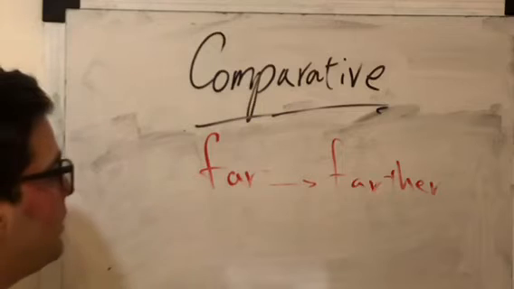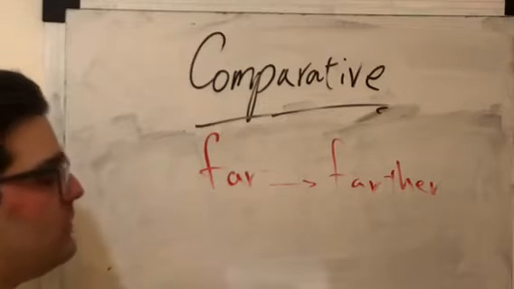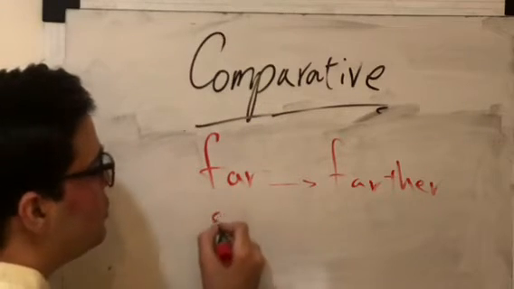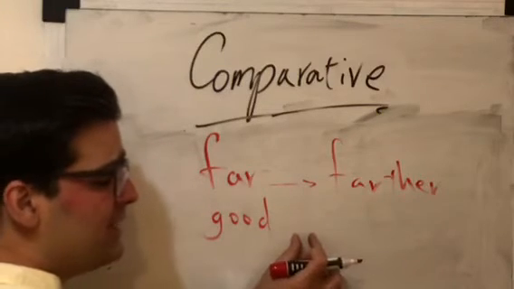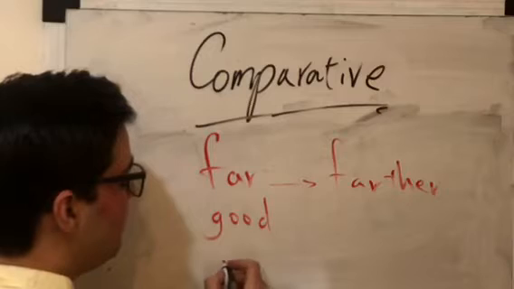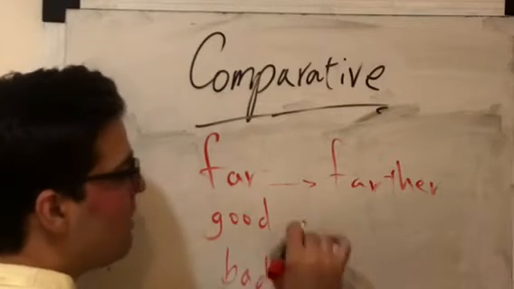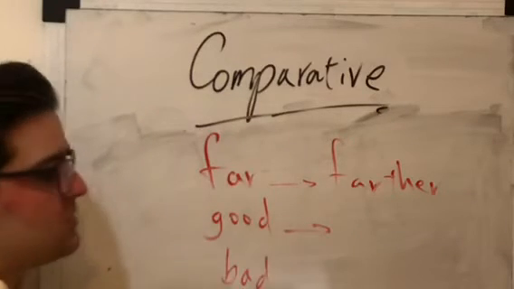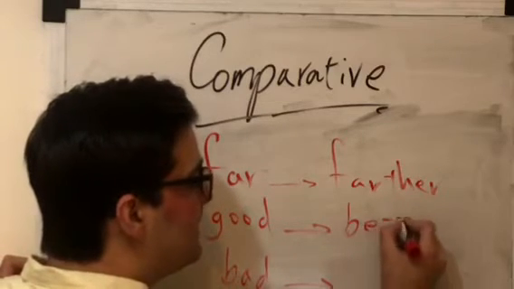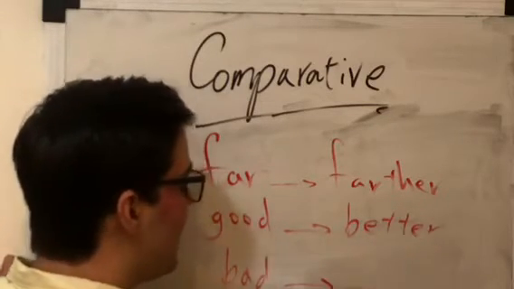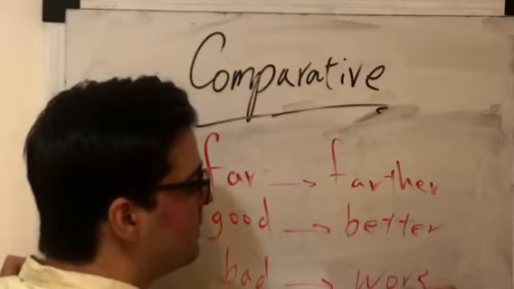And another irregular adjective like good, it has just one syllable, but we can't add er because it's irregular. Bad. You have to memorize the comparative adjectives of these words. Good, better. Bad, worse.